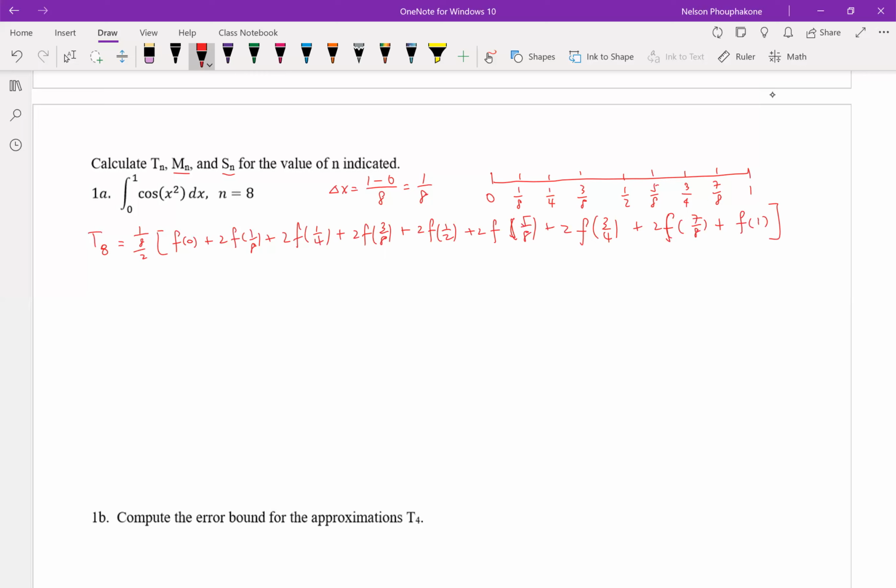Right? And of course, in this case, my f function is cosine of x squared.